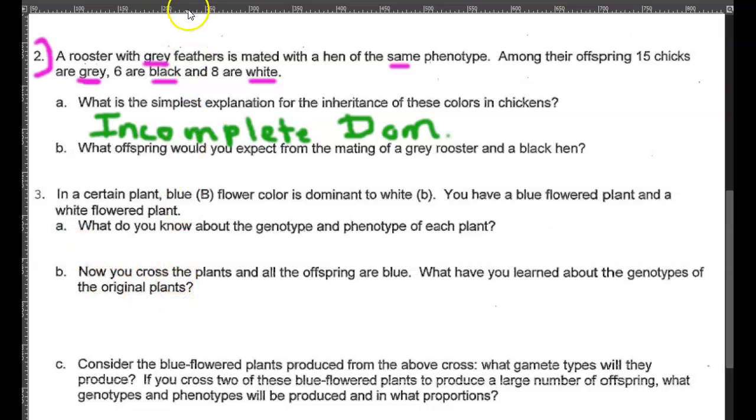All right, so we know that gray is going to be heterozygous, mated with a heterozygous, and we're not going to do the B one just to show you another way to do it. And these are the whites. So we're going to do a Punnett square.